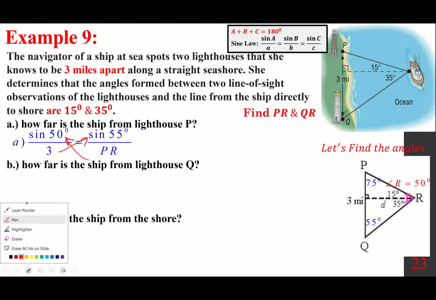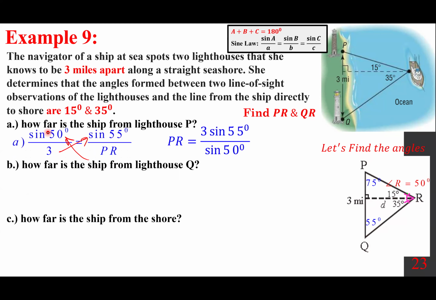Cross product tells us that PR is 3 times sine 55 over sine 50. You have to put it into a calculator, and it gives you 3.21 miles. So this distance is 3.21 miles.